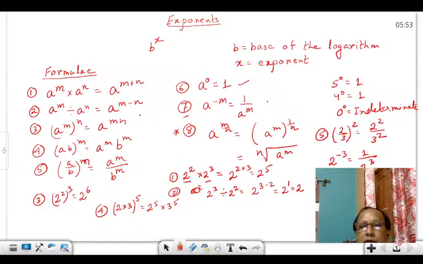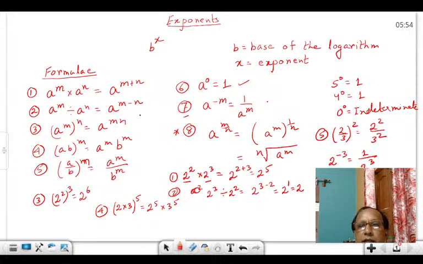Suppose there is a number 49 to the power mn. Suppose n is 2, right? And m is another number, suppose I am writing 3.